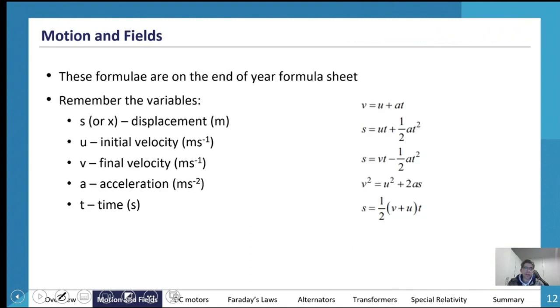Now, let's talk about the constant acceleration formulas. If you know them by heart, obviously there's no need to include them on the cheat sheet because you know them by heart.